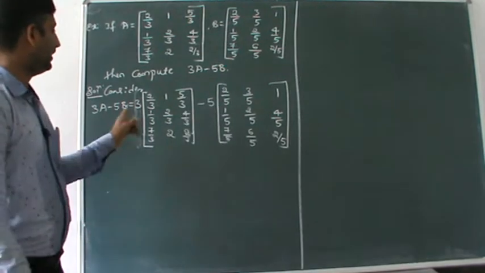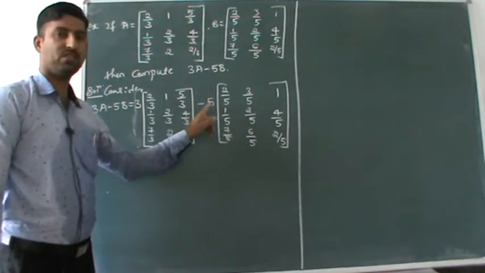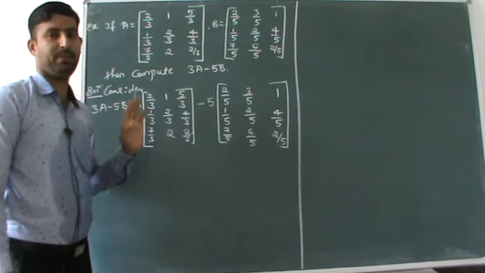Look at the entries: 3 times the given matrix A minus 5 times the given matrix B.